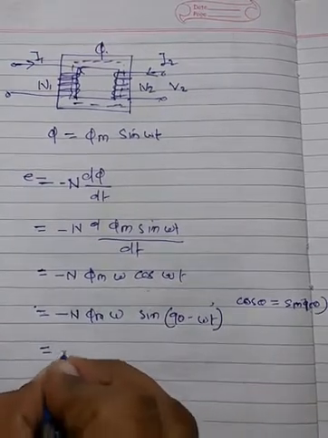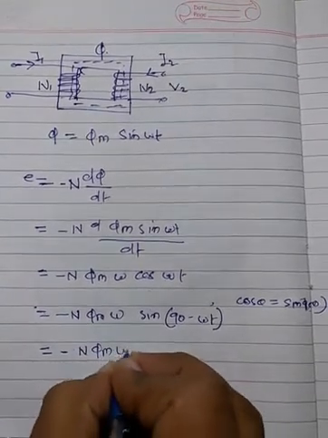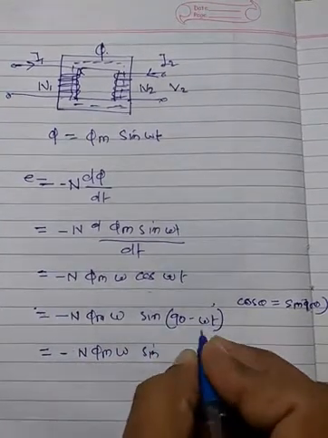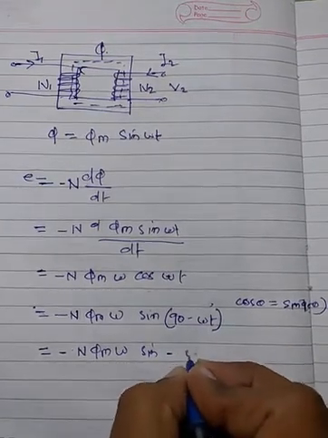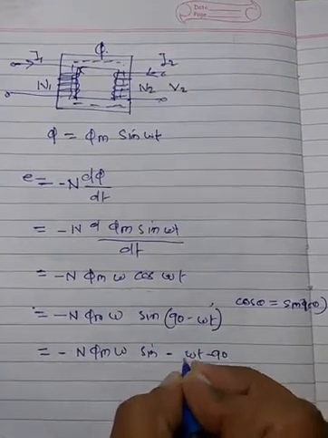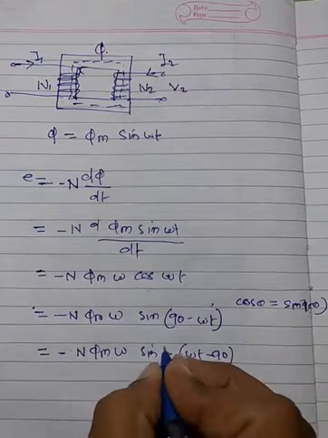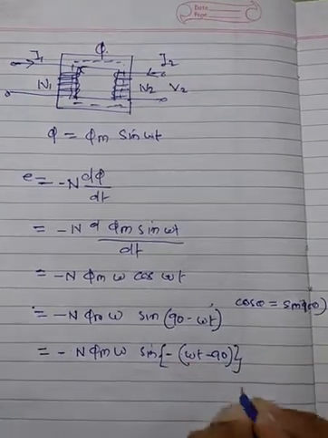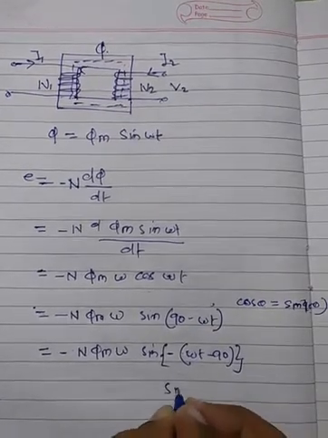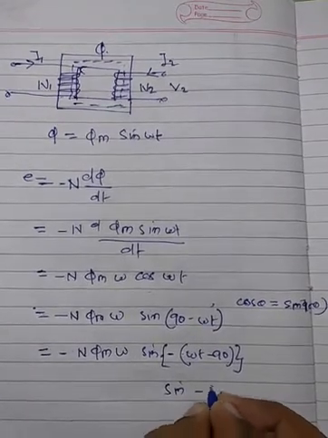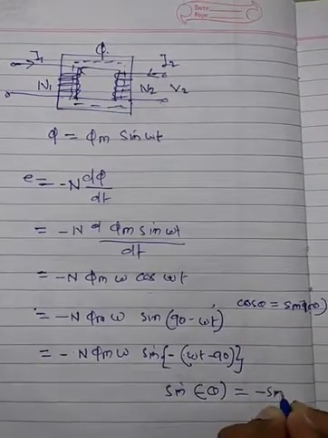Here we write 90 minus theta equal to minus omega t minus 90. We know that sin of minus theta equals minus sin theta.